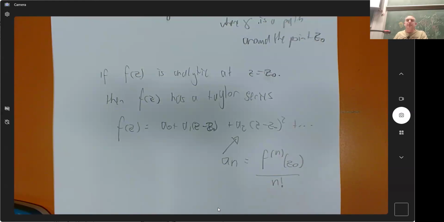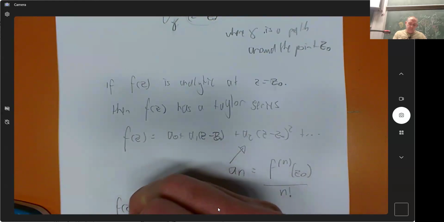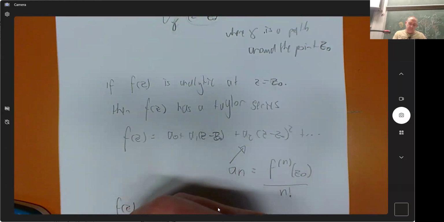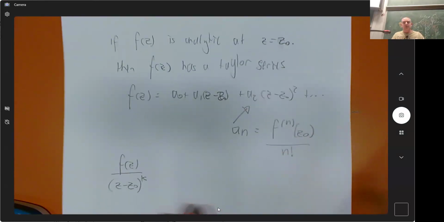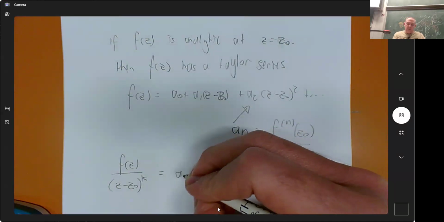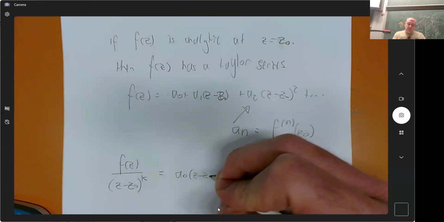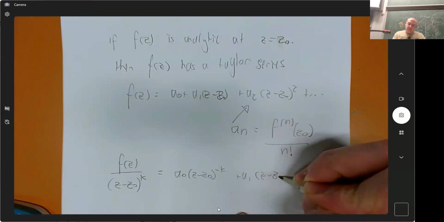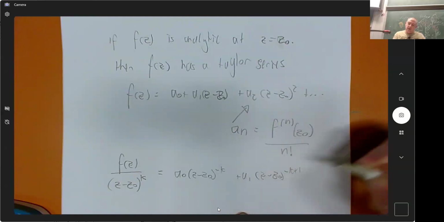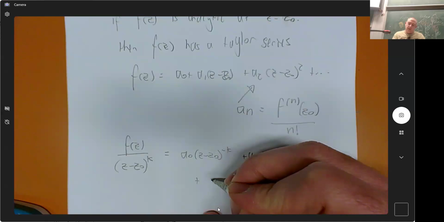Okay, so that's the Taylor series. Now, if you divide f of z by z minus z0 to the power k (I'm using k instead of n, because I've already used n here), then it will in fact begin with a0 (z minus z0) to the minus k, and a1 (z minus z0) to the minus k plus 1, and so on.